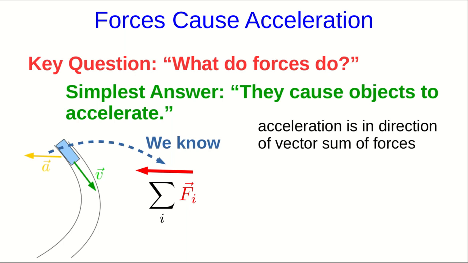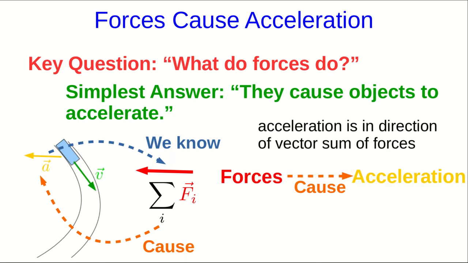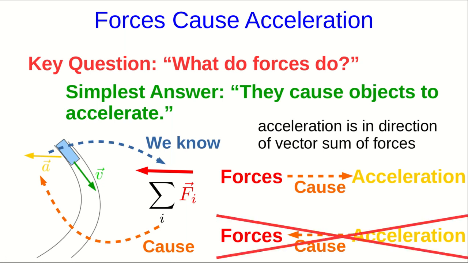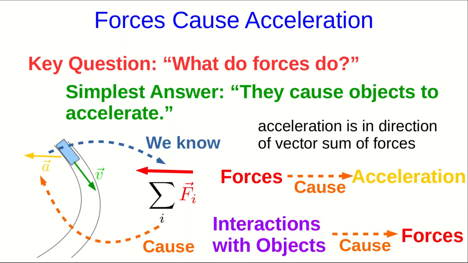But remember, it isn't the acceleration that's causing the forces. It's the forces that are causing the acceleration. Very important. Forces cause accelerations. Accelerations do not cause forces. What causes forces is interactions with objects.